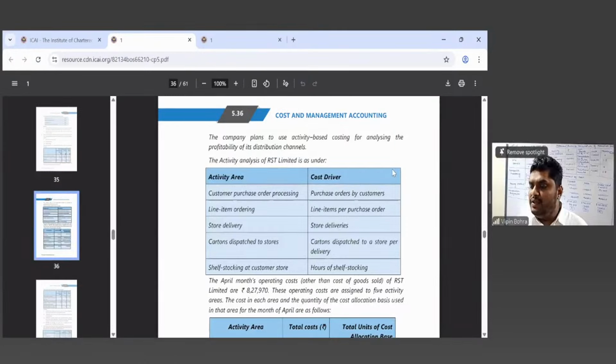The April month operating costs other than cost of goods sold, so other than the cost that is given above, of RST Limited are 8,27,970. These operating costs are assigned to 5 activity areas, and the cost in each area and the quantity of cost allocation basis used in that area for the month of April is given.